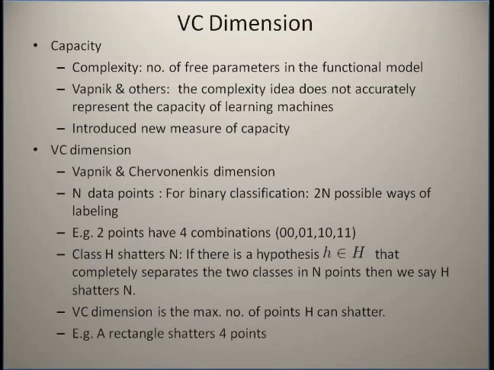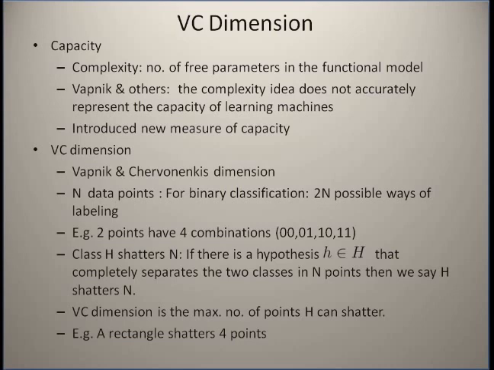Now let's look at the definition of VC dimension. In the classical approach, the complexity of a learning machine, or the complexity of inference, is seen in terms of the number of free parameters that were chosen for a functional structure. So they assume that this type of description describes the complexity of an inference engine or a learning machine.